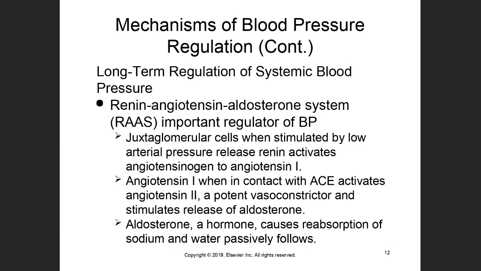So you activate that system, the kidney secretes renin, the renin activates the angiotensin, then you have the angiotensin converting enzyme, you have angiotensin 2 produced in the lungs, and the angiotensin 2 goes to the suprarenal glands, and the suprarenal glands secrete aldosterone.